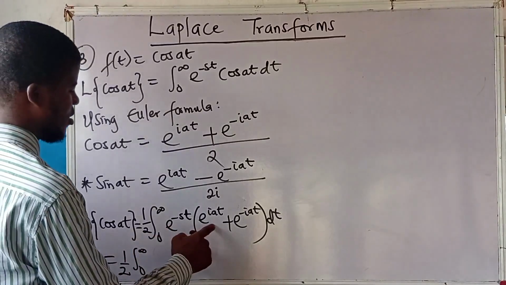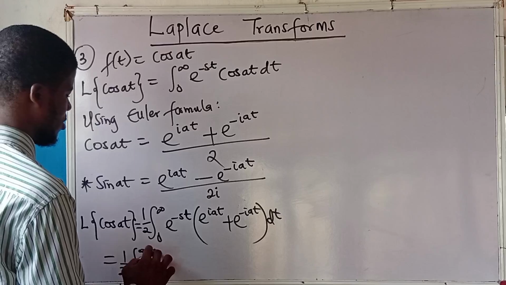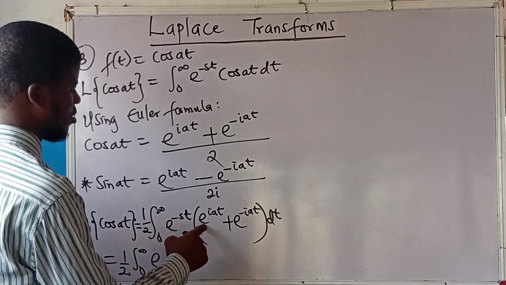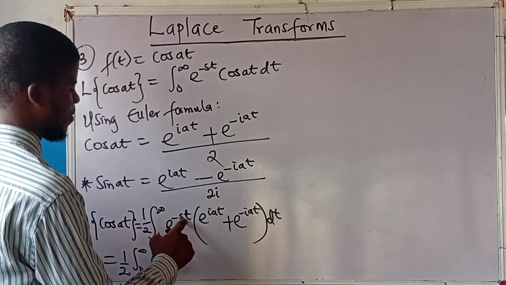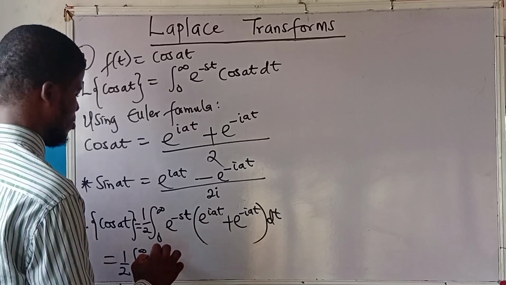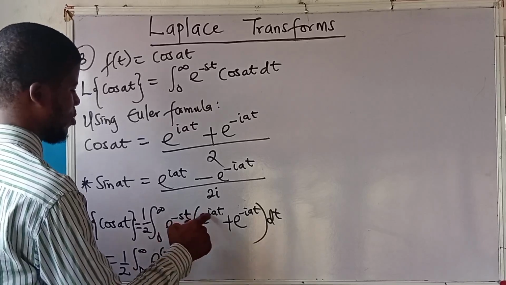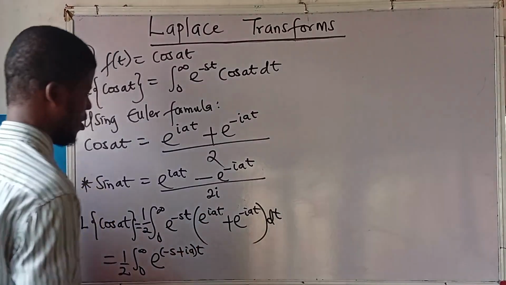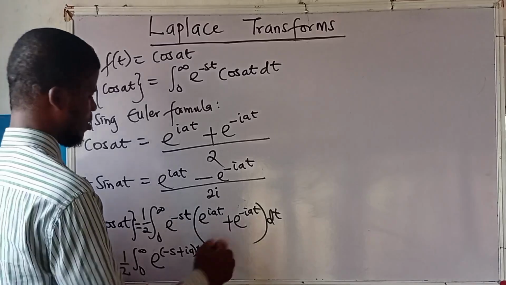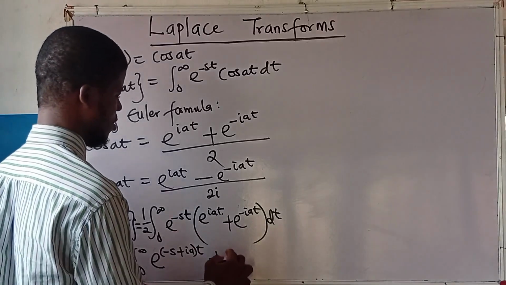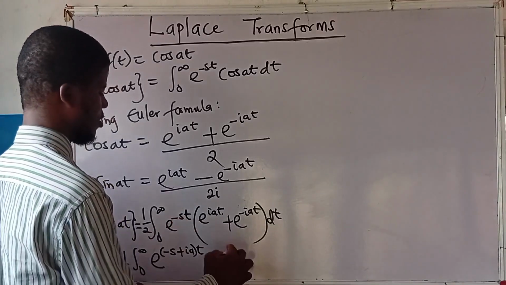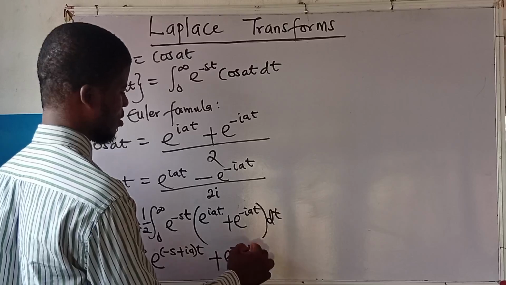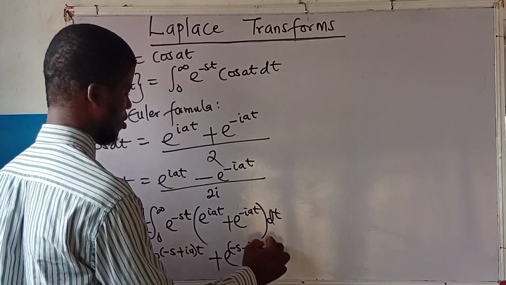If this multiplies this, it's going to be e to the power of, they have the same base, so add their powers. t is common, so it will be minus s plus ia into t. You get it? Then this multiplies this, it's going to be plus e to the power of minus s minus ia into t dt.